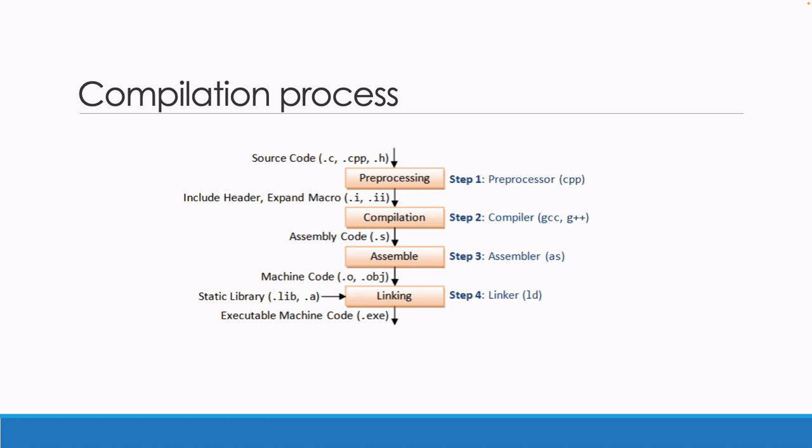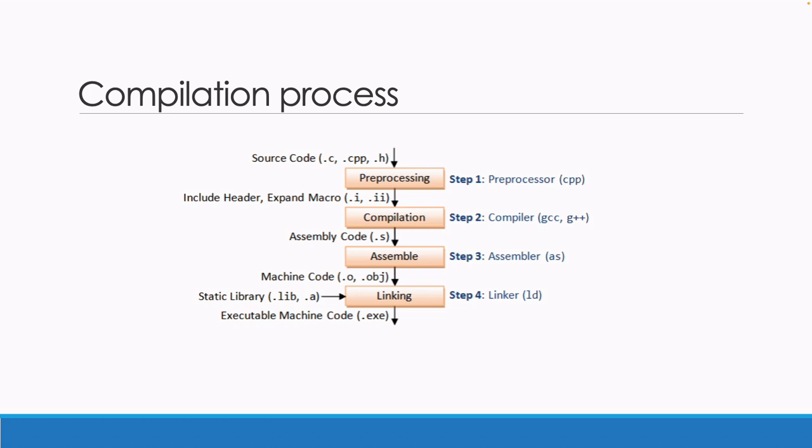Here we have a very basic compilation diagram of how the compilation process is carried out. The compiler takes the source file, in our example the main.c file. It takes that file and does pre-processing on that file.